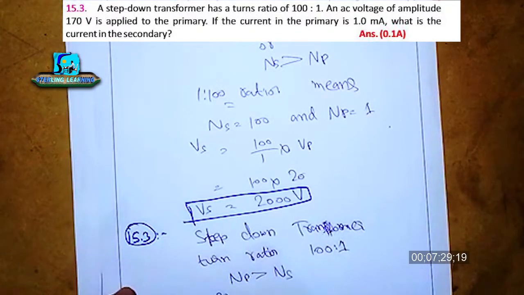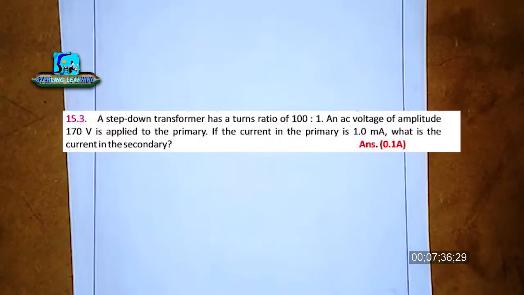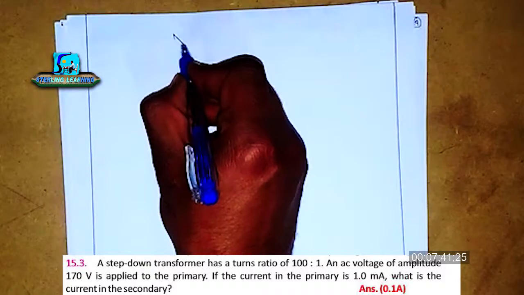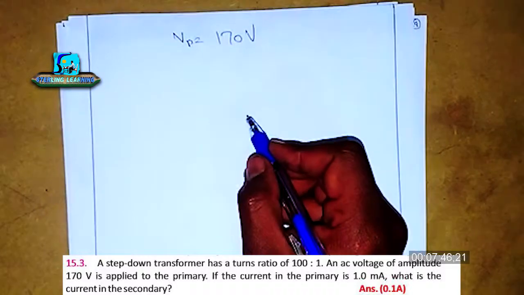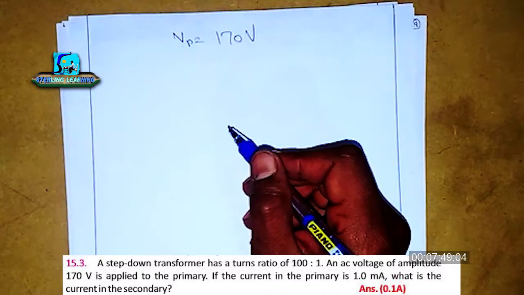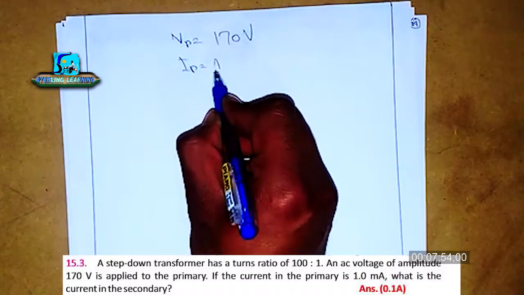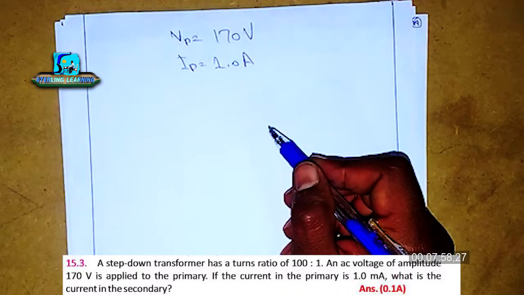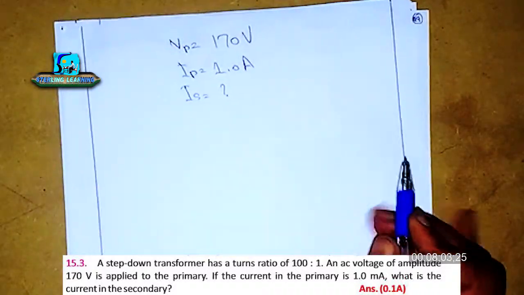So Np is equal to 100 and Ns equal to 1. An AC voltage of amplitude 170 volts, Vp, is applied to the primary. If the current of the primary, Ip, is 1 ampere, what is the current in the secondary? Is is to be calculated.